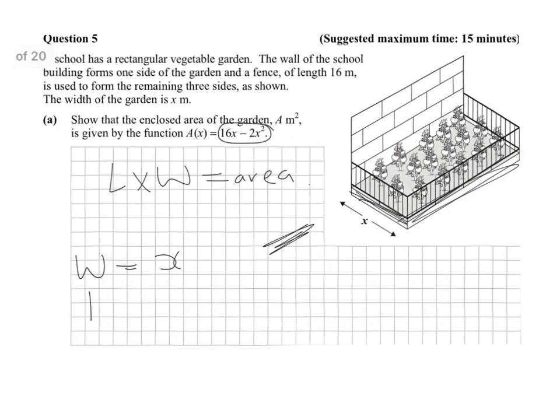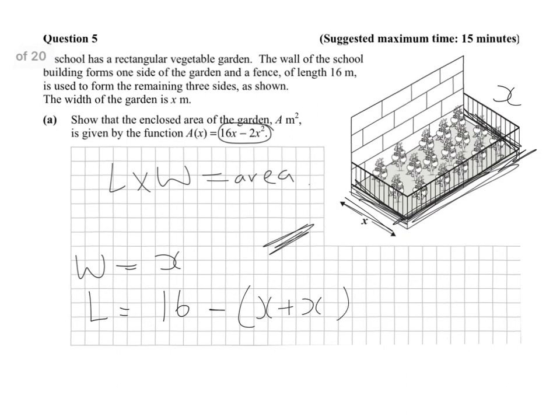The length, okay? The length of all of this is 16. We know that this is x and we know that this is obviously x. So my length is equal to 16 minus x plus x.